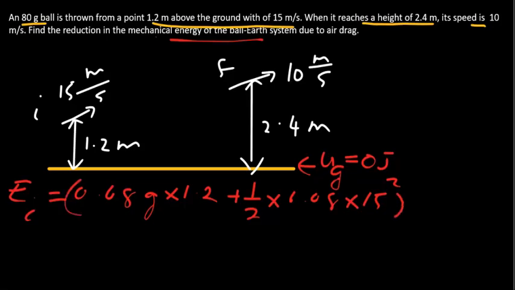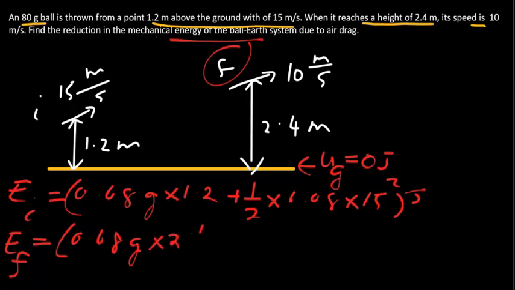So this entire thing is the mechanical energy at the initial location. Now the final point, the mechanical energy there, the gravitational potential energy is 0.08 times gravity times 2.4. Now the height is 2.4. The kinetic energy there is half times 0.08, which is the mass, times 10 squared.